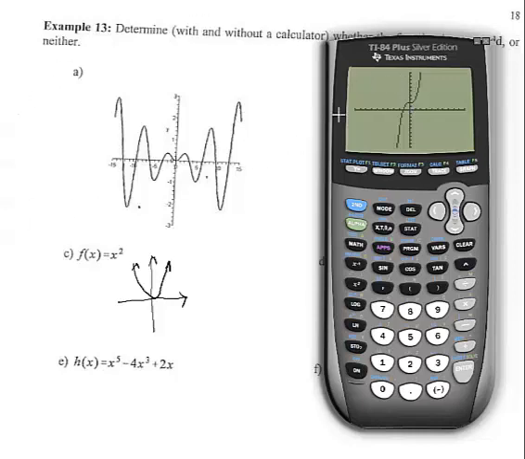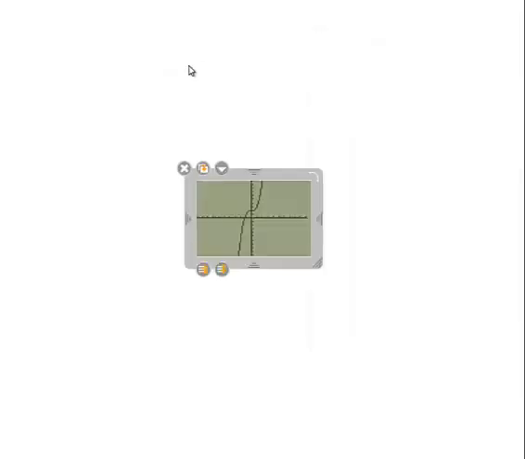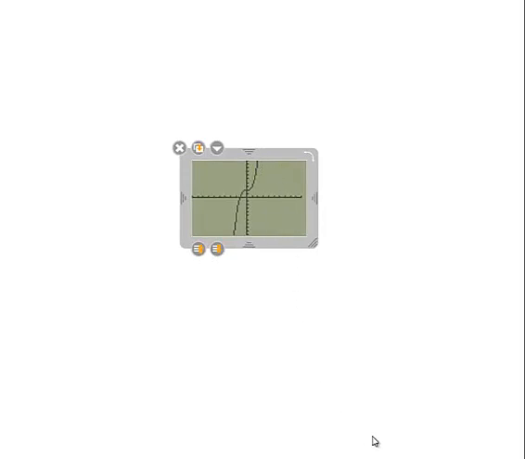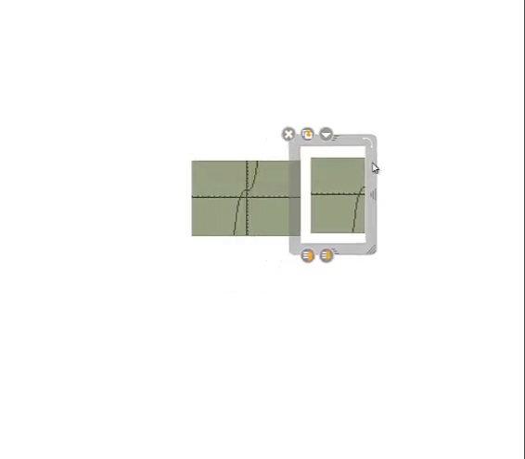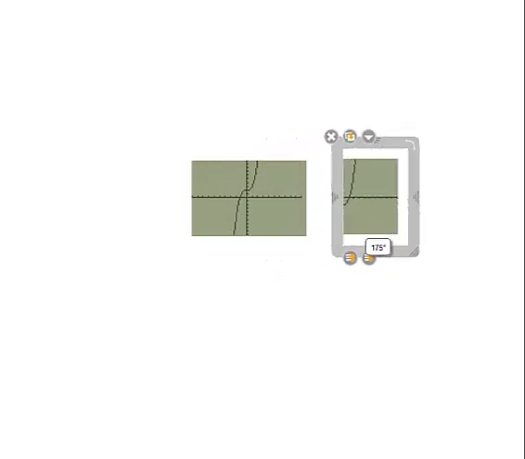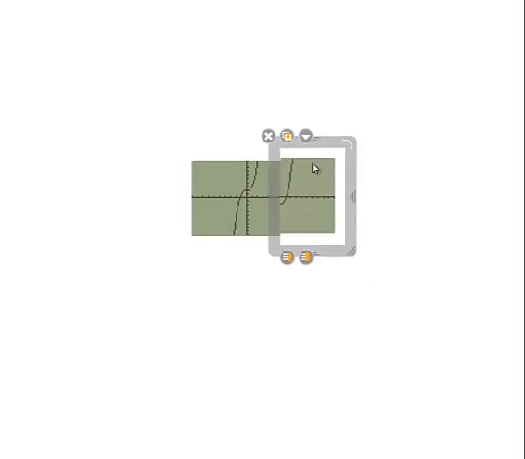So I will take this picture, this plot, cut the first half off, the negative half, rotate it 180 degrees, and now you can see that this portion, the minimum, is actually below the x-axis, with the right portion of x to the third plus 2 above. So the two halves don't match. This is not an odd function.